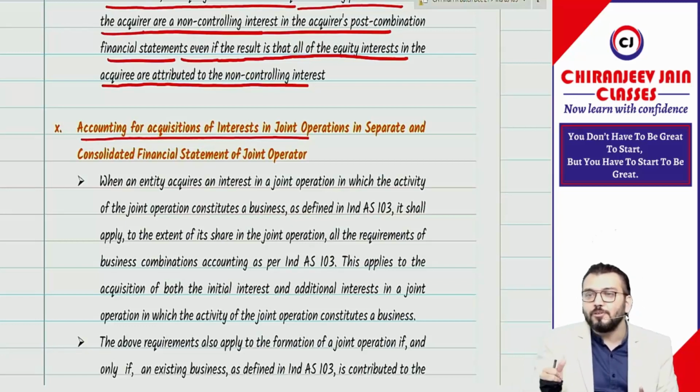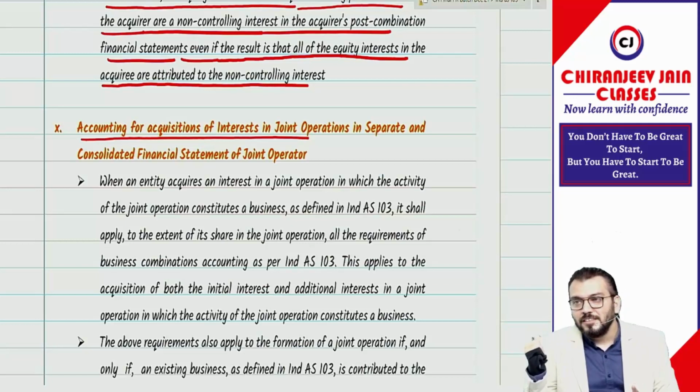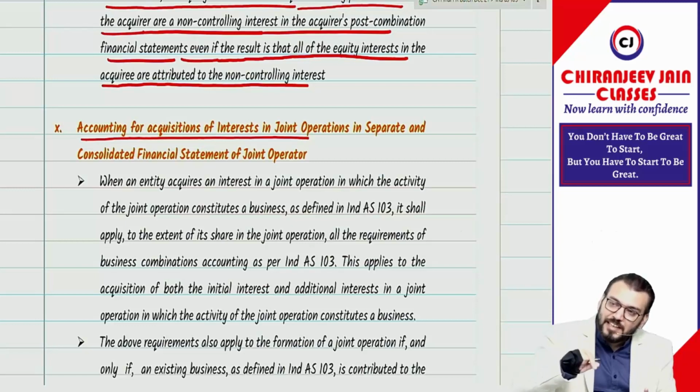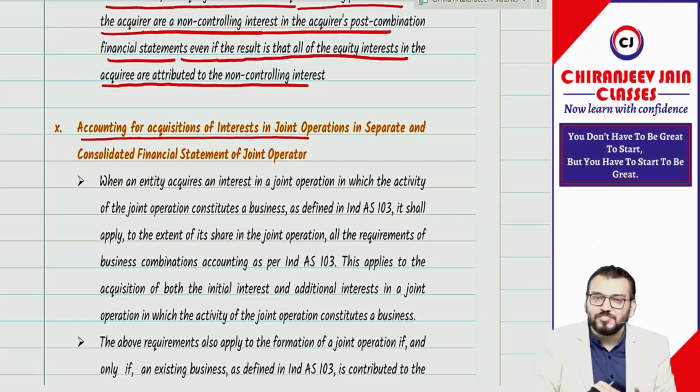For joint venture, we'll go to which Ind AS? Ind AS 28. For joint operation, accounting treatment is given in which Ind AS? For joint operation, accounting treatment is given in Ind AS 111 only. What does Ind AS 111 say?